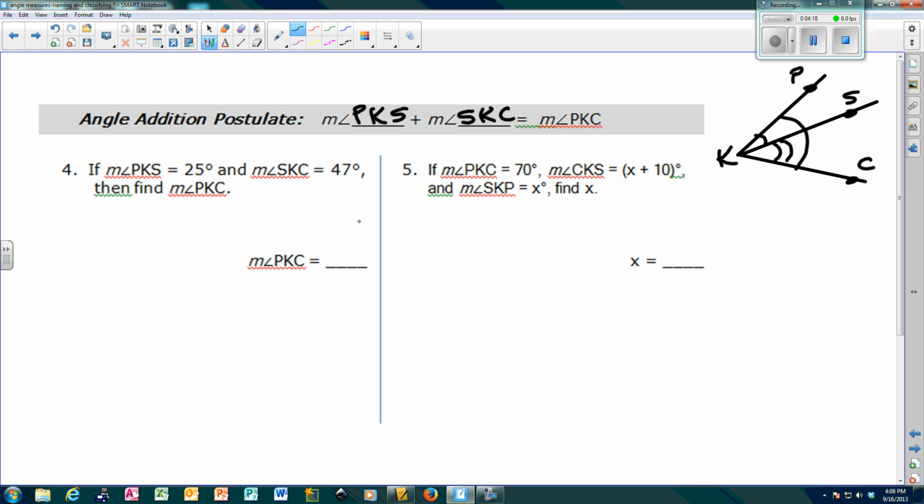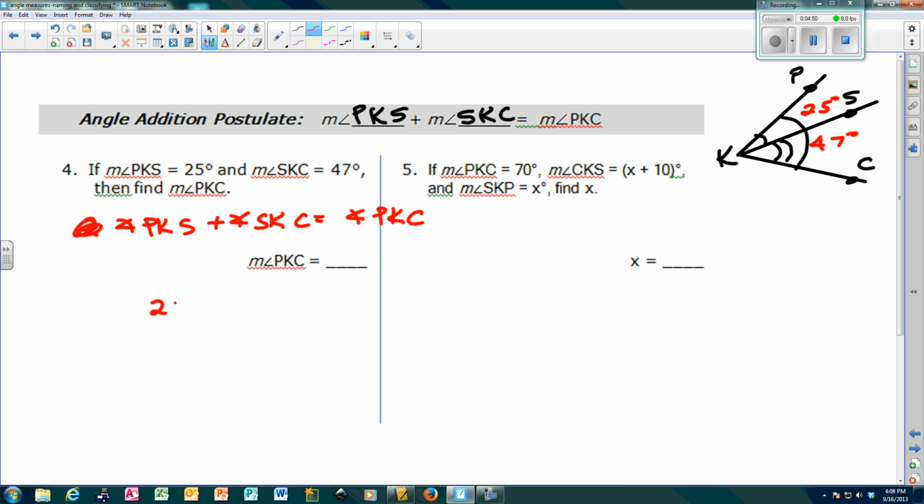If angle PKS is 25 degrees, and the measure of SKC is 47 degrees, then what is PKC, the whole thing? So you would say angle PKS plus angle SKC equals angle PKC.